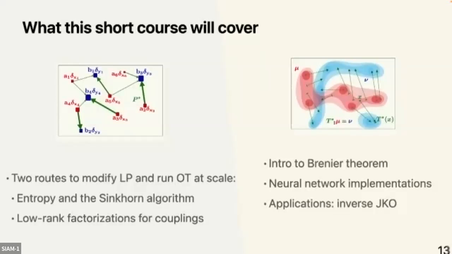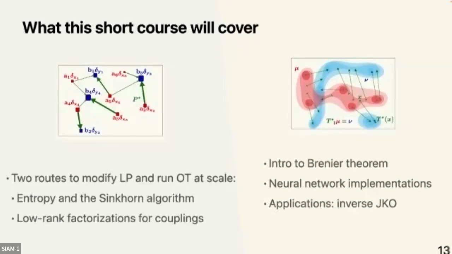The first is the entropic regularization approach, and I will introduce a low-rank factorization approach for couplings. In the second part, I will talk about Brenier's theorem and explain how we can use neural networks to solve this more advanced problem that is of interest for measures in higher dimensions.